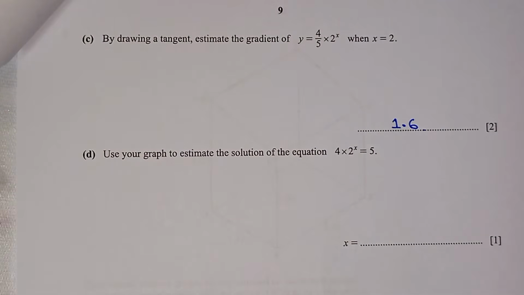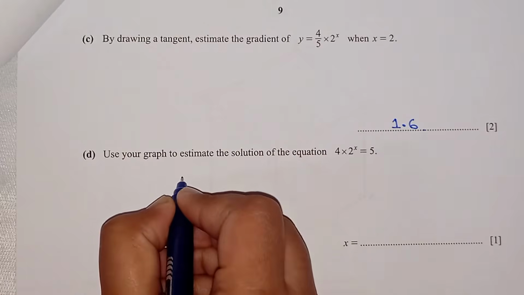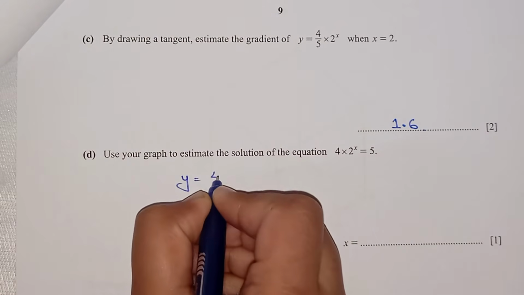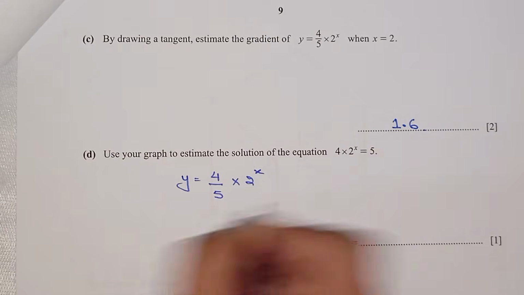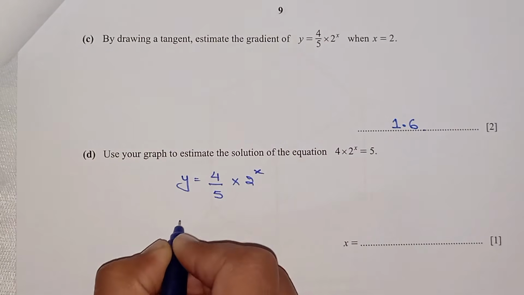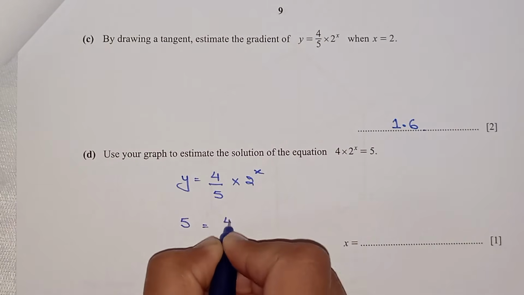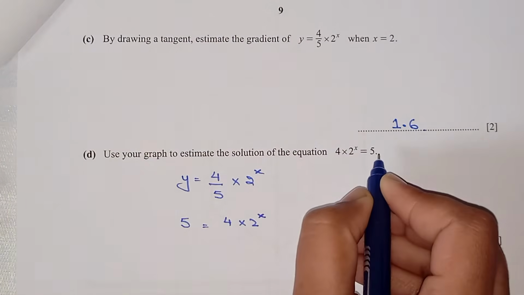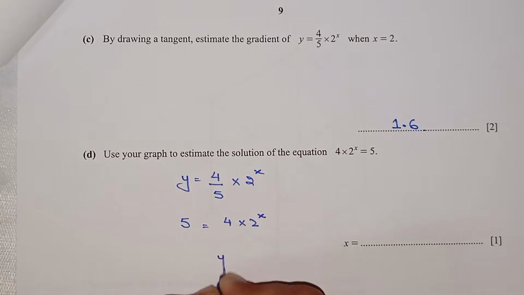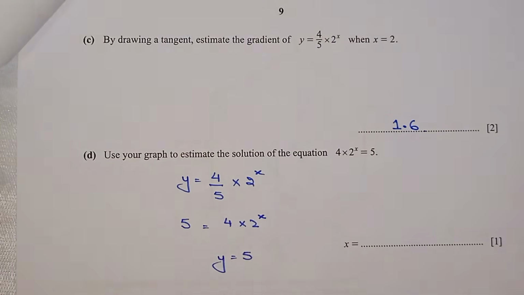Now for part D, use your graph to estimate the solution of the equation. Okay, so as we know that we have the curve y equals to 4 by 5 times 2 exponent x, and from here if cross multiply, 5 would be equals to 4 times 2 exponent x. So it means when y equals to 5, we need to find the value for x.